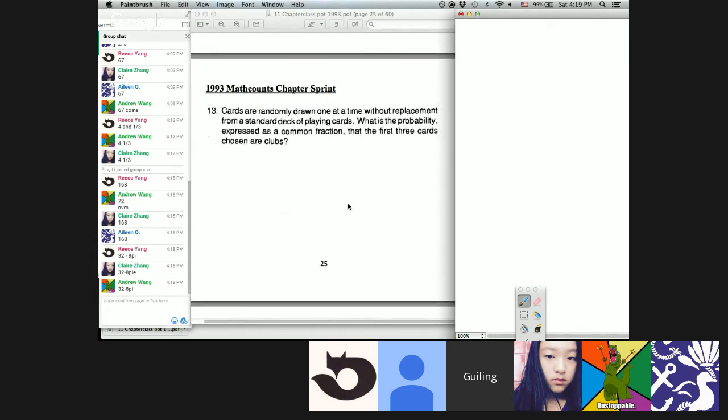Cards are randomly drawn one at a time without replacement from a standard deck of playing cards. What is the probability, expressed as a common fraction, that the first 3 cards chosen are all clubs?